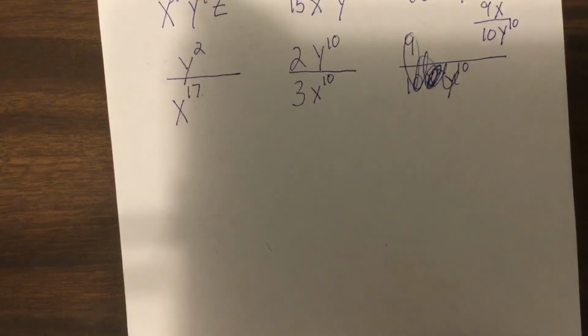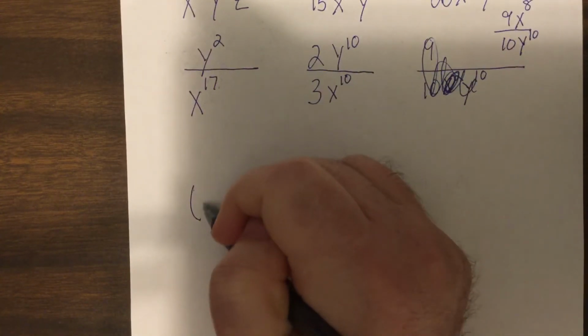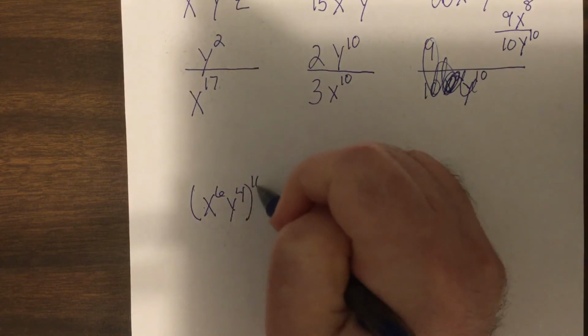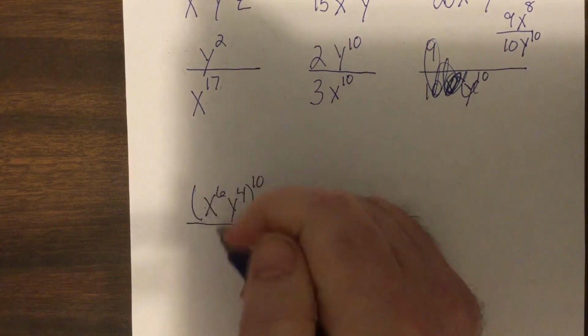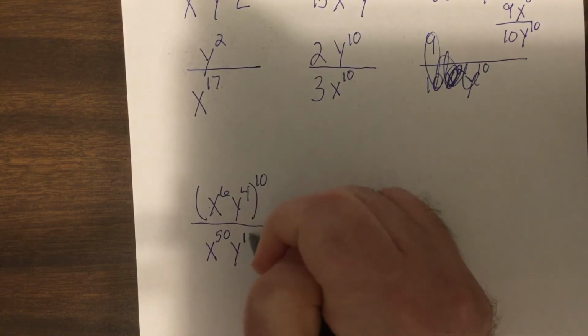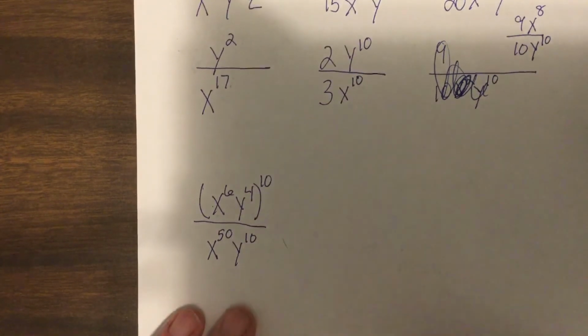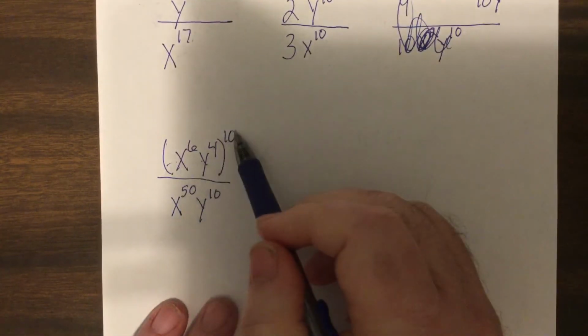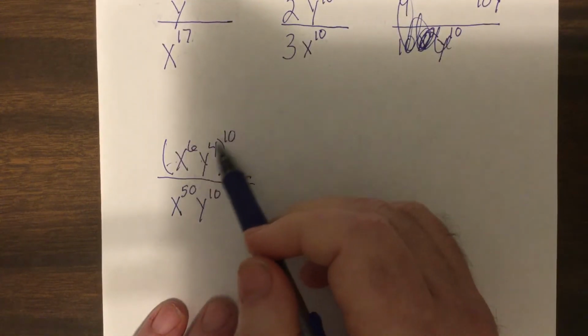Now we can make it a little bit more challenging. x to the 6th, y to the 4th, to the 10th, all over x to the 50th, y to the 10th. So the rule says when you have a product to a power, you raise both of them to that power.